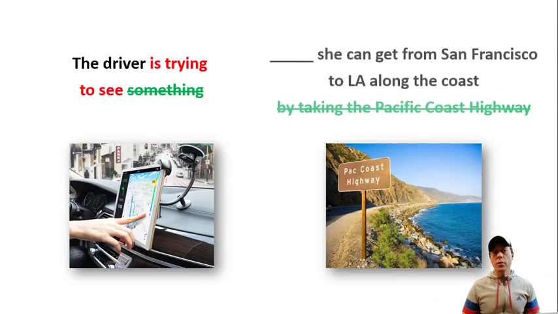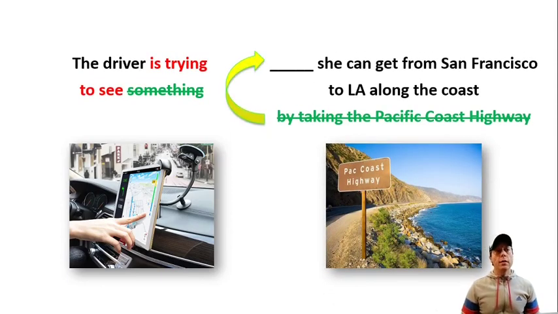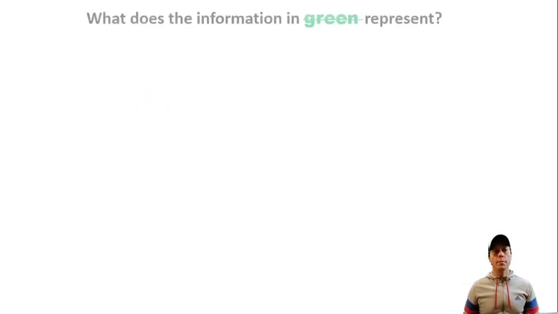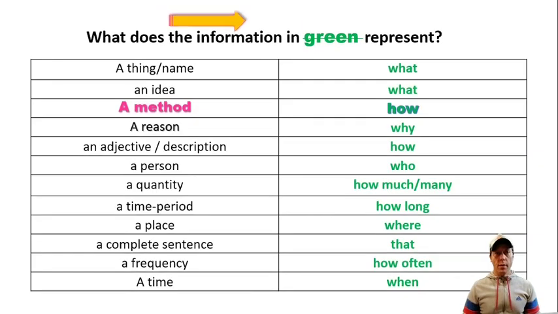Okay, in English the word see can mean understand, and it can mean trying to figure out as well. So the driver is trying to figure out, the driver is trying to see, and she can get from San Francisco to Los Angeles along the coast by taking the Pacific Coast Highway. Remember, by ing represents a method. So the question is, what does this green represent? A method.